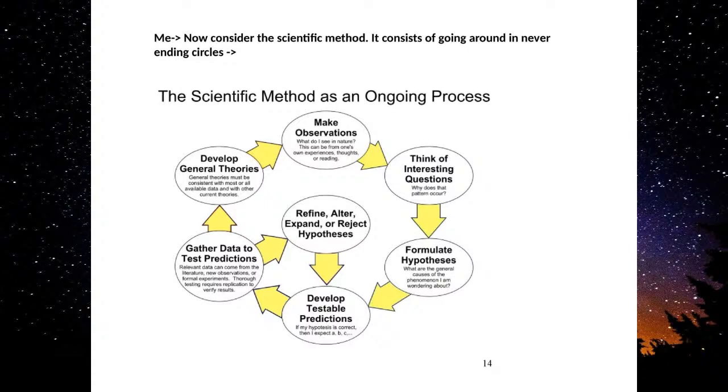Either you go up, develop general theories, or you go to the right and refine or alter or reject hypothesis. Then you go back down into develop testable predictions again. So that is the scientific method as a sort of never-ending circle.